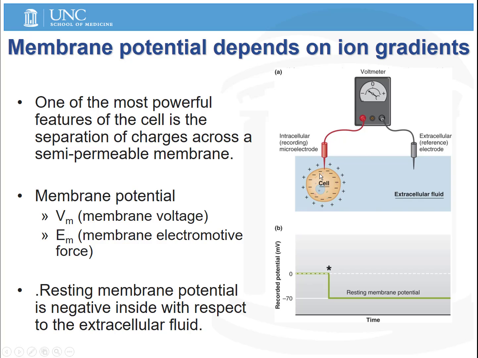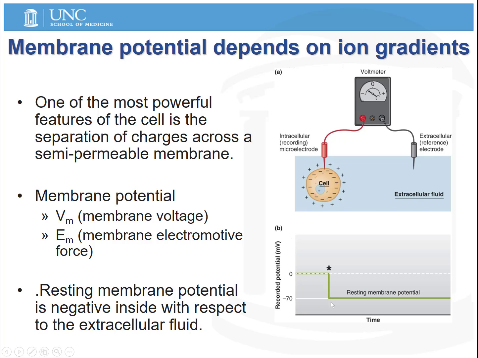In living cells, there's a collection of negative charges inside the cell. So living cells have a negative membrane potential, which can be written as V sub m for membrane voltage, or E sub m for membrane electromotive force.